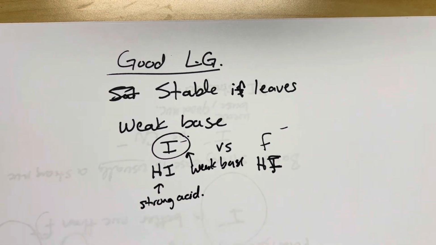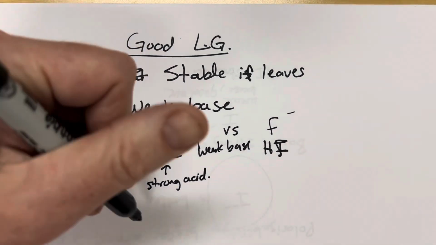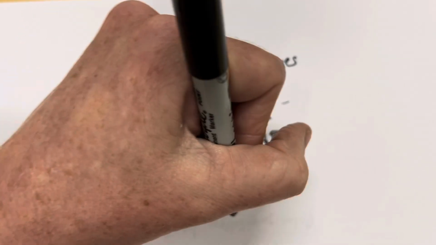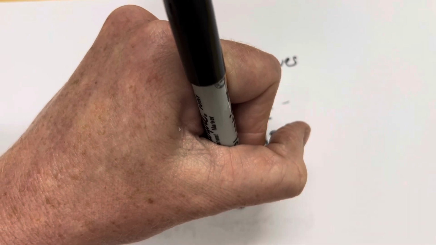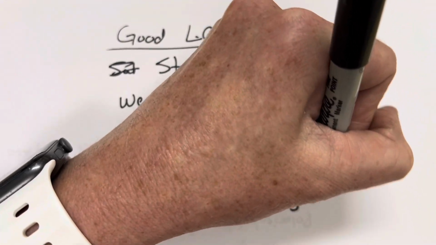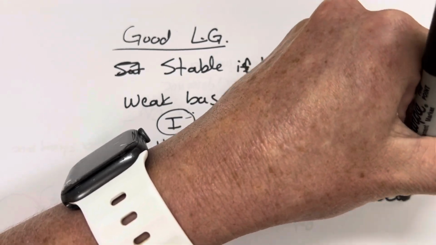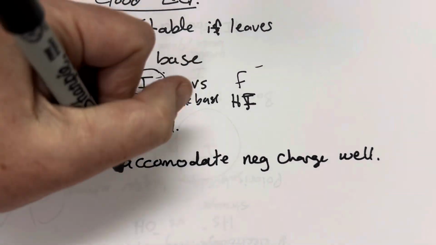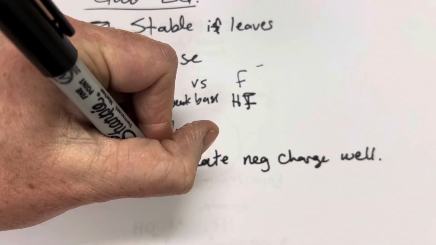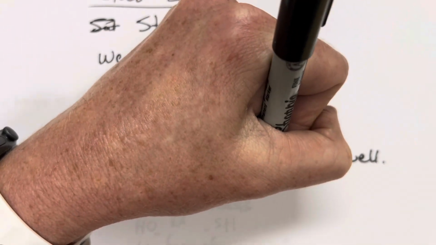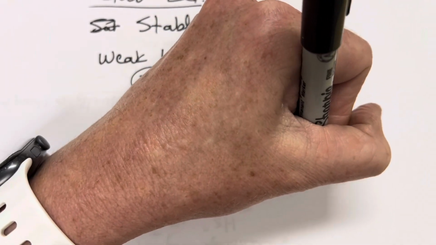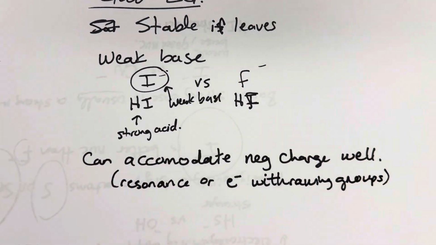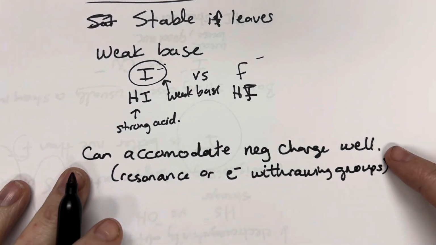So I'm sure you guys got it now. All right, another thing would be if the leaving group can accommodate a negative charge. That means if it can share that negative charge and distribute it throughout the entire molecule via resonance, if it's got resonance, or maybe an electron withdrawing group, to spread the charge throughout the molecule, it'll be a good leaving group.